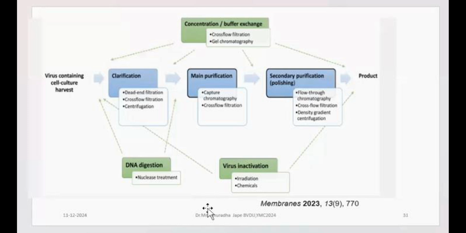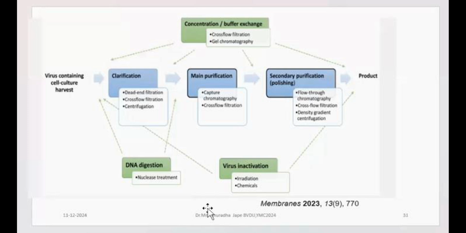When we say purification, you have to use at least two orthogonal techniques. Maybe a main purification technique and a secondary purification technique. For the main purification, you have to go for different types of chromatographic methods, and for the secondary purification system, again you have different mechanisms and principles working, but you have to choose any two of these so that you get a pure and clean product.